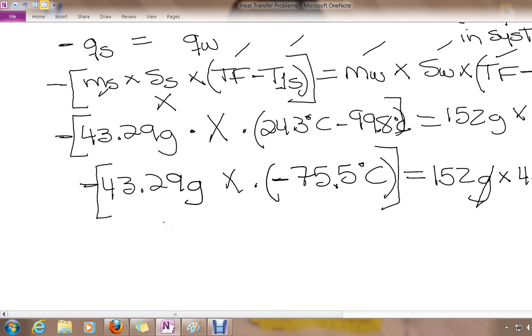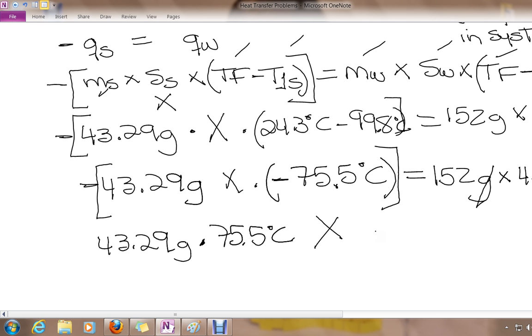So here, if we have a negative sign and all this is multiplication, negative and negative goes positive. So 43.29 grams multiplied by 75.5 Celsius, because I canceled the negative sign, and all this multiplied by x. So let's solve this right part.